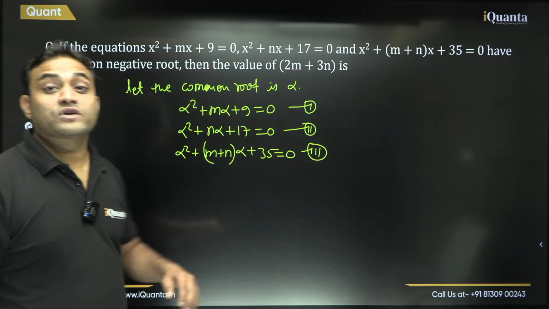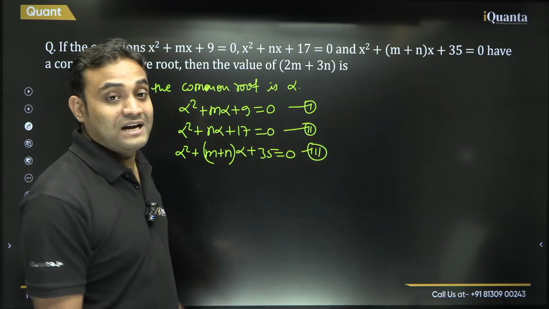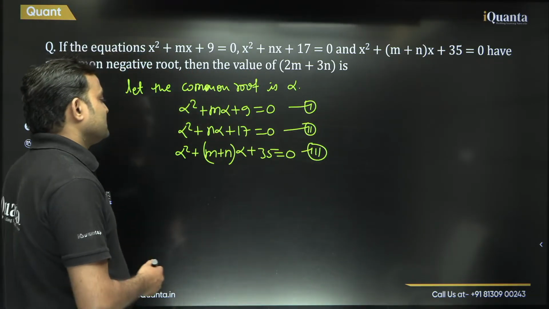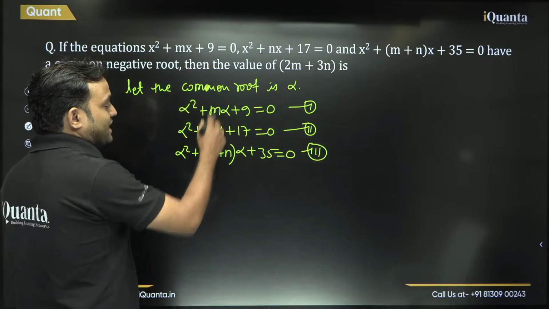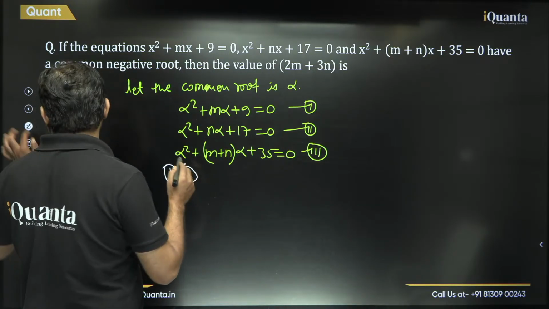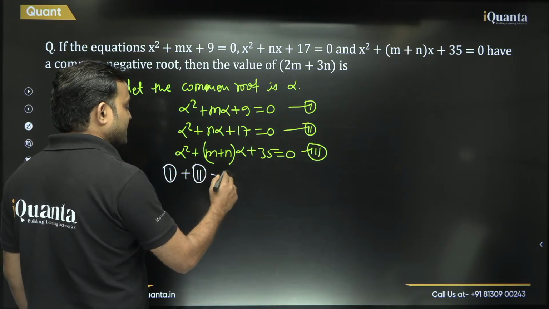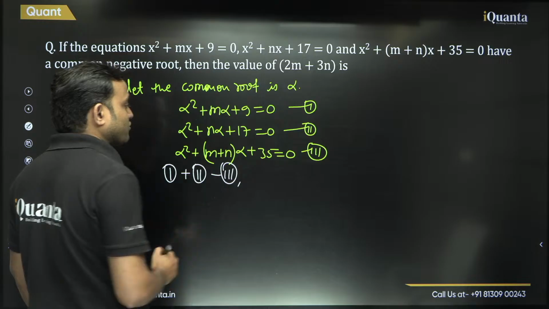Now, as we are looking for the value of alpha, m and n, that we cannot find unless we know the value of alpha. So, can I try to discard m and n here? Can I take equation 1 plus 2 and subtract equation 3? Then what do we get?